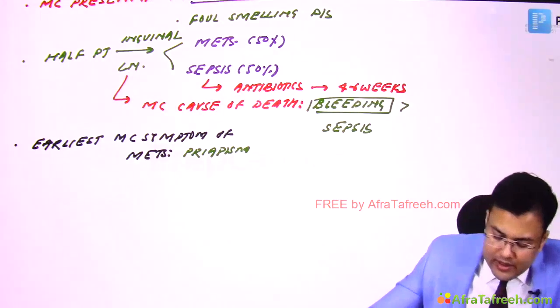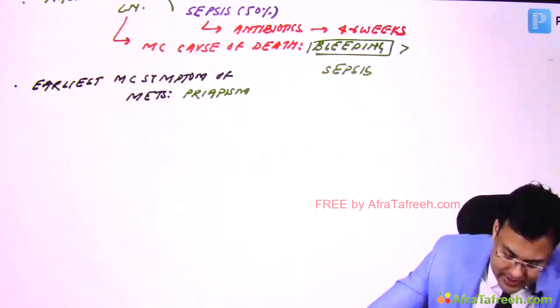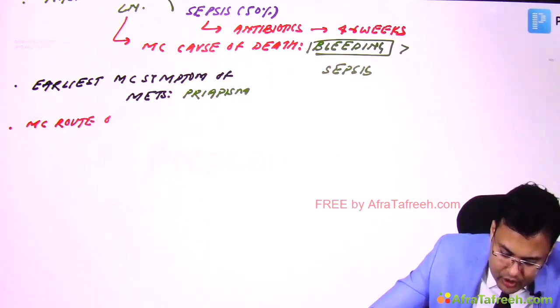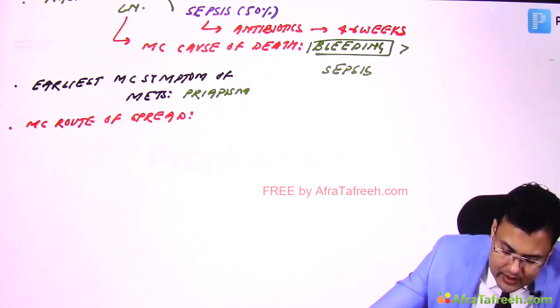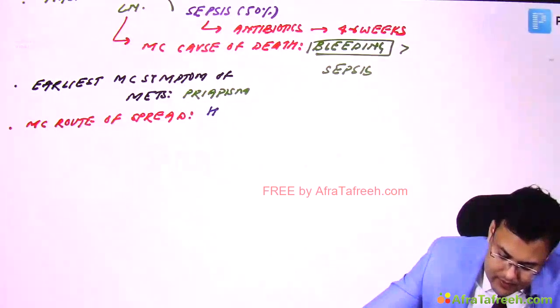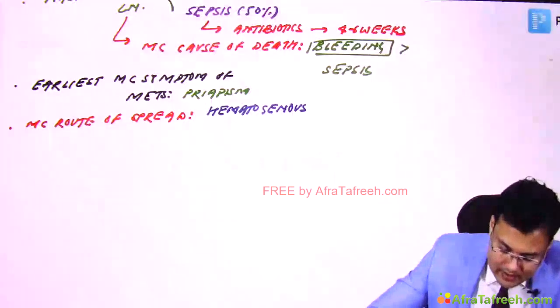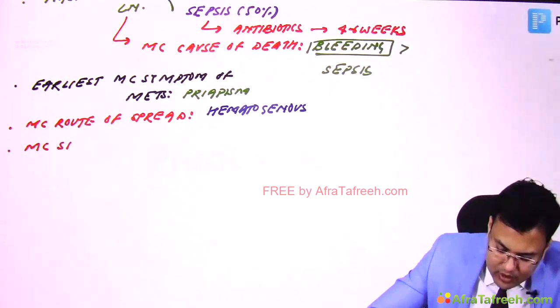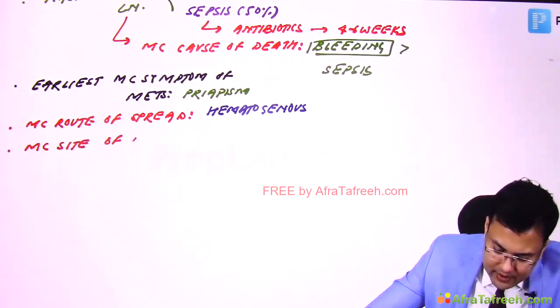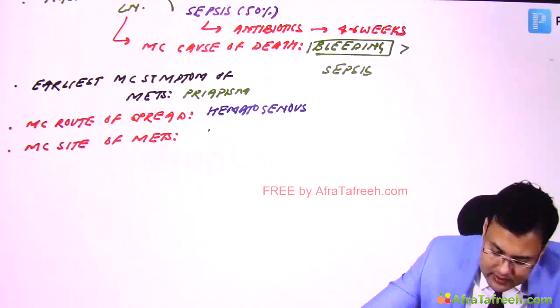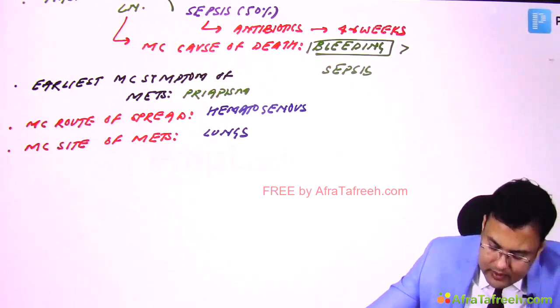Clear? So route of spread here, most common route of spread, that's hematogenous. Clear? And the most common site of metastasis, lungs. Right?